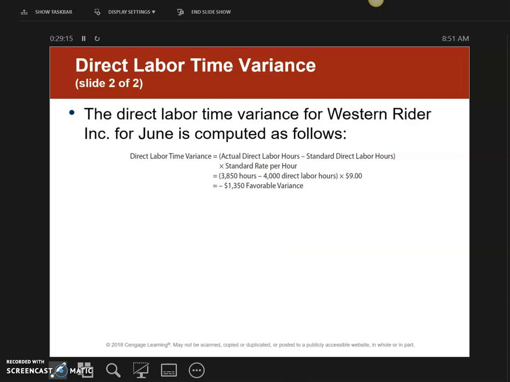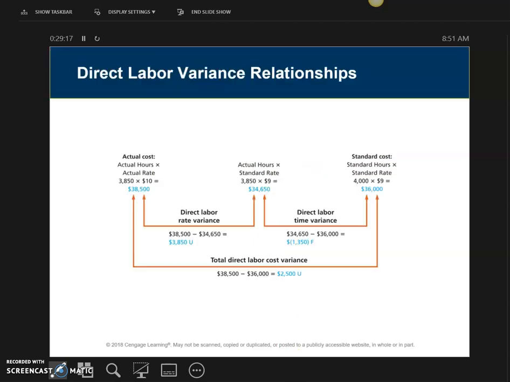And here's the flow chart, like the direct materials flow chart, just to kind of give you an idea. I calculate my actual cost here, and my standard costs are over here. And so when I subtract my rate variance here, that's from this number, I come up with this. My time variance is this minus this. Notice the order.